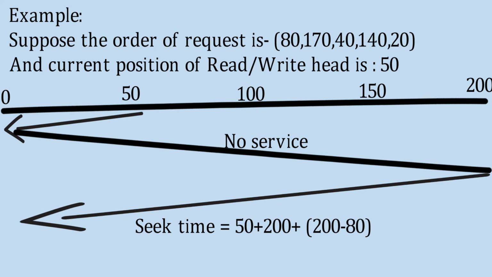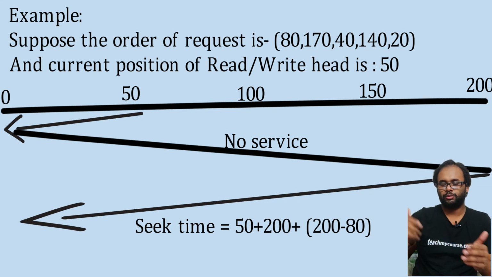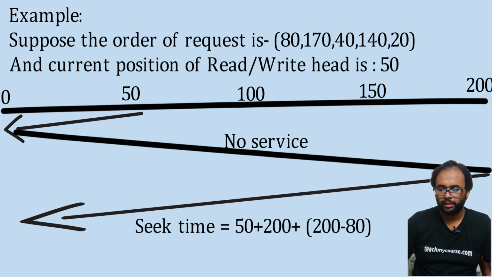So the seek time would be 50 towards the left, then 200 without servicing any request, plus 200 minus the last request which was unserved initially. Towards the right of 50 there is 80, which would be the last request to be served. So it would be 50 plus 200 plus 200 minus 80, that is 370.